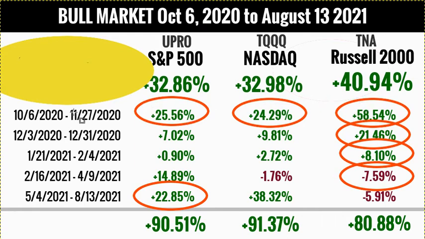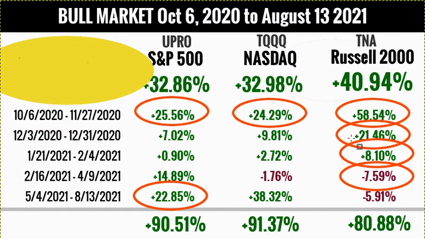And then after that period ends on 11/27, you are going to take the top performing one, which is over here, the Russell, and you're going to trade the TNA during the next uptrend in the bull market. Does that make sense? And then we repeat it. So from 12/3 to 12/31, here come the results.